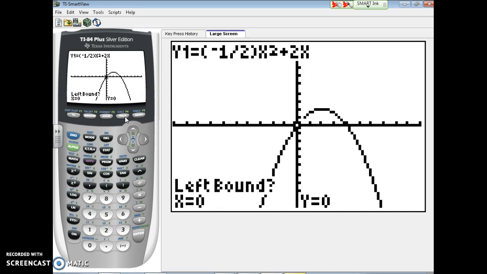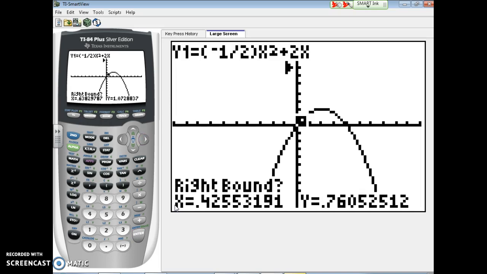Okay? So what I want to do is I want to find each of them. So I'm going to have to do this function twice. I'm going to focus on this 0 first. So I'm going to go to the left of the 0, and I'm going to press enter. That's what left bound means. I want to go to the left of it. And then I want to go to the right of the 0.